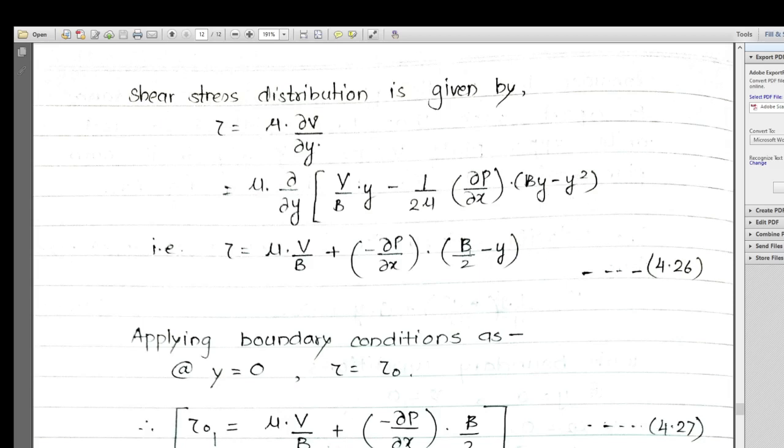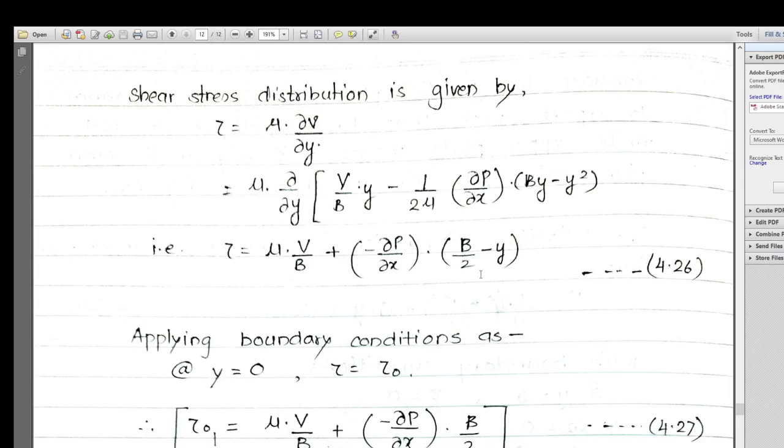Okay, so after rearranging this differentiation, we will get this term, that is 4.26, as mu into V by b plus minus dp by dx into b by 2 minus y.